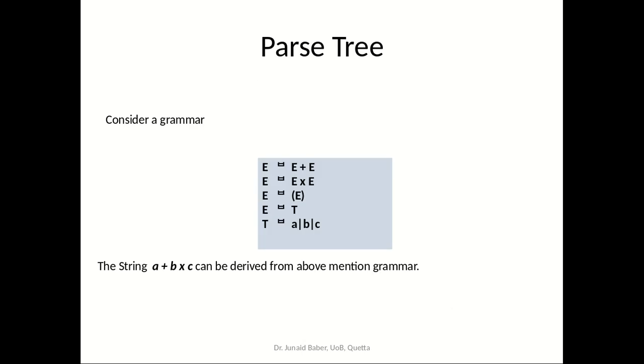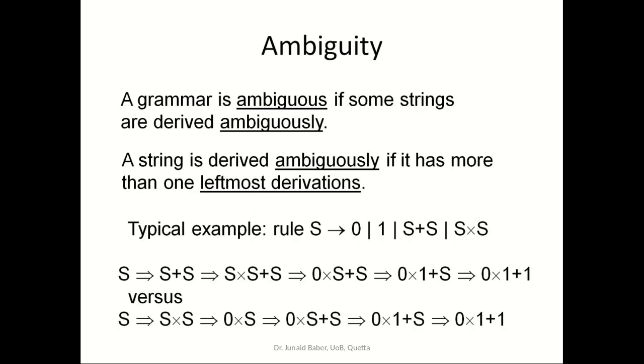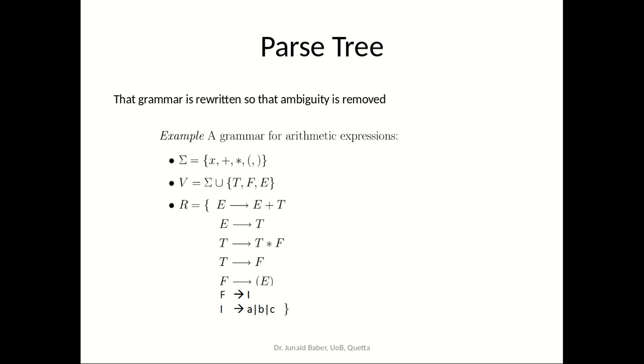So the next topic is the parse tree, but before going to the parse tree, we will do some arithmetic expressions using these rules. For example, if these are the rules, and instead of putting the numbers, we will put x here. This is x. So if I say x plus x multiplied by x, whether this can be generated from this grammar or not.